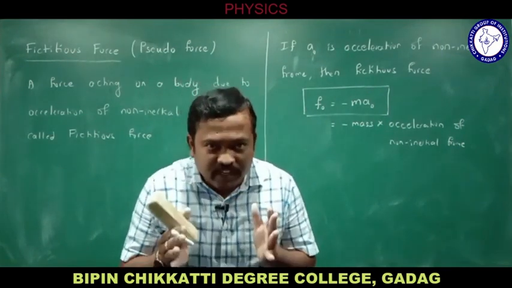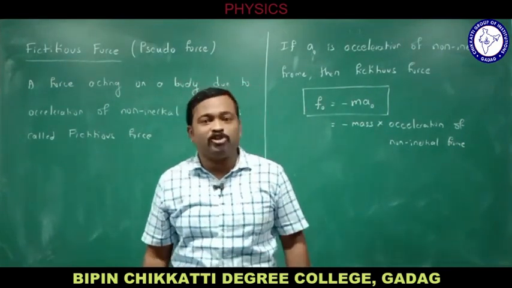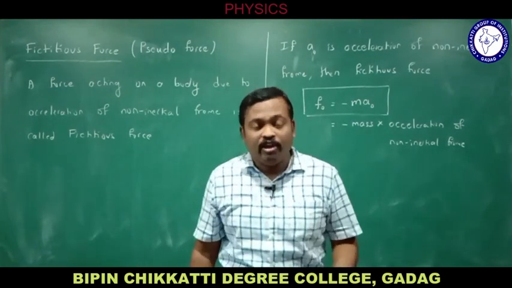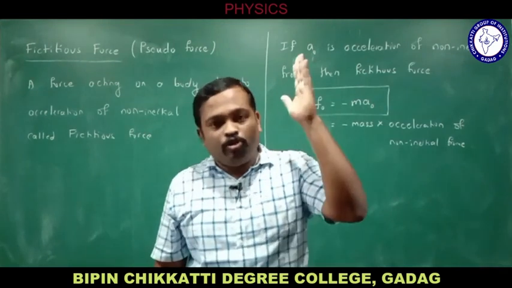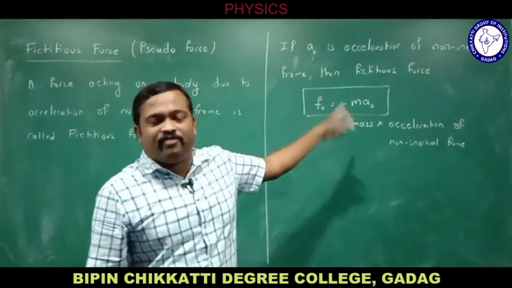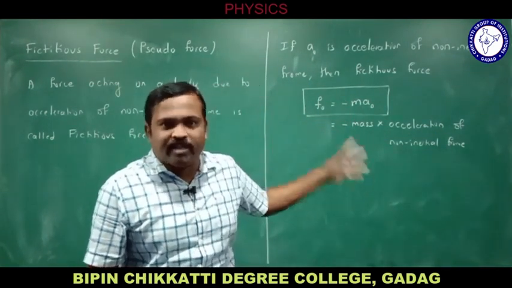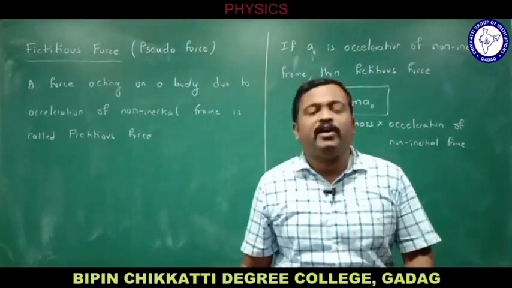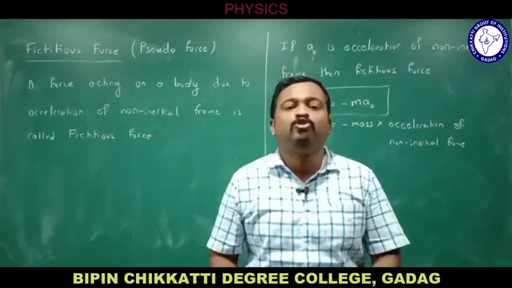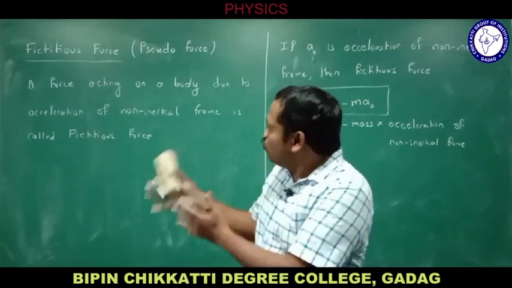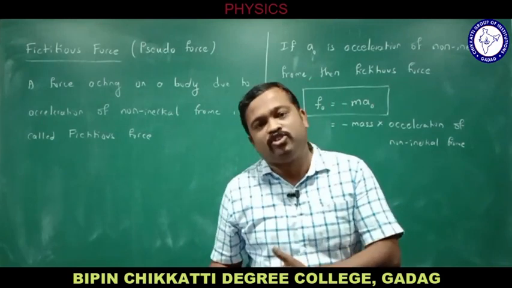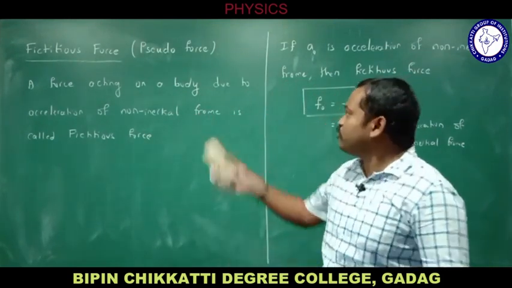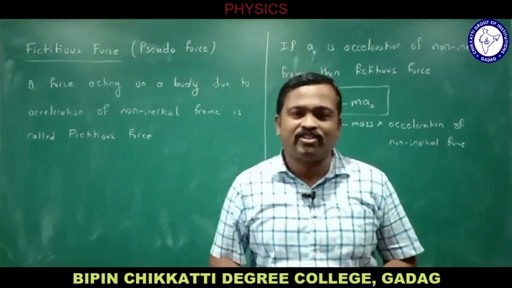As we know, in a non-inertial frame, Newton's laws do not hold good. But if you want to make Newton's laws hold good, we need to add a correction, that is, the fictitious force. This fictitious force can be added to the equation of force in order to use Newton's laws in non-inertial frames also. So this was all about inertial frames, non-inertial frames, and the fictitious force.